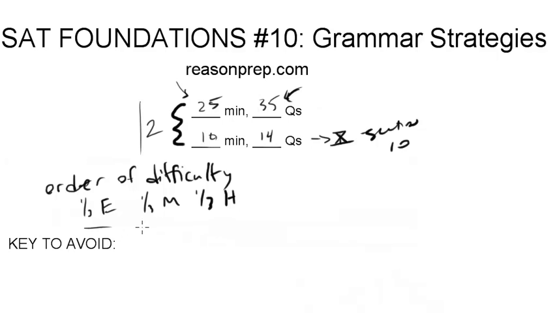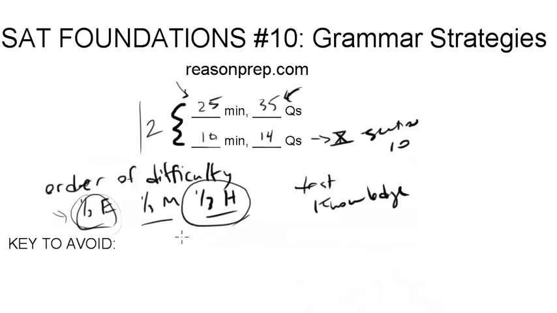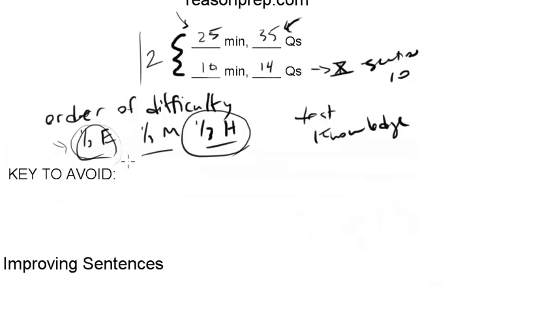So keep that in mind as you go, that kind of test knowledge or remembering where you are on the test is so critical because it'll affect how you approach a question. If you're dealing with an easy question, then you should get it pretty quickly and it should be pretty obvious. If you're dealing with a hard question, you want to be very careful of traps and tricks and all that junk.